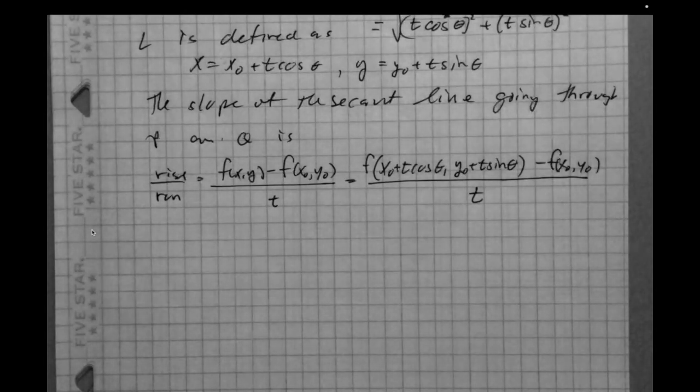So here we have the slope, and the points are all reflected in this expression. What we can do then is let t go to 0.